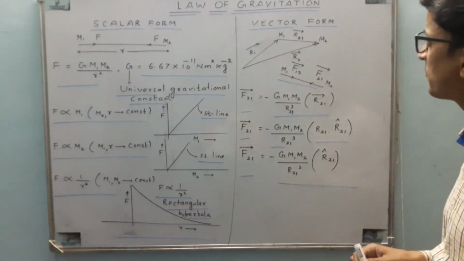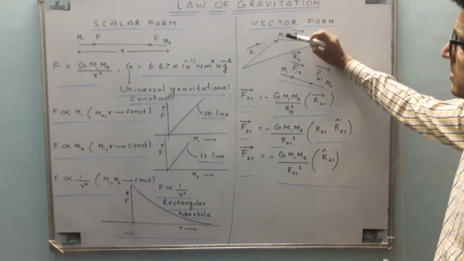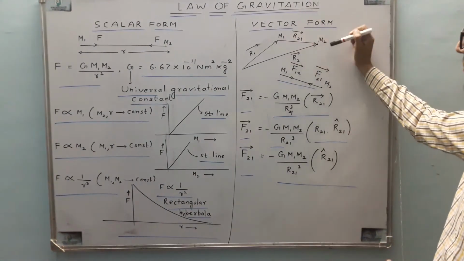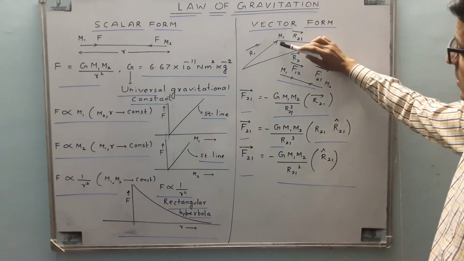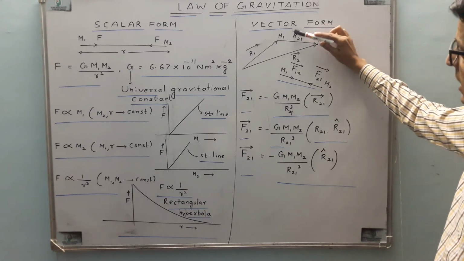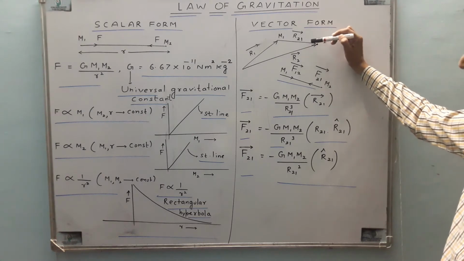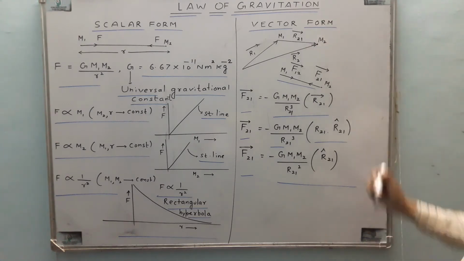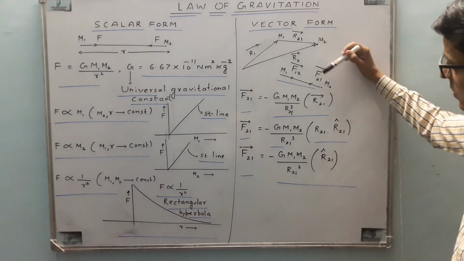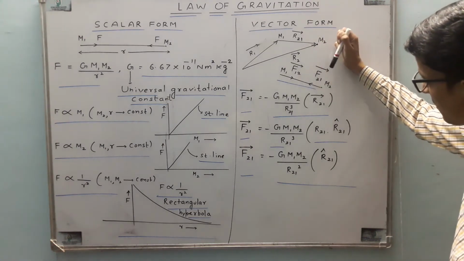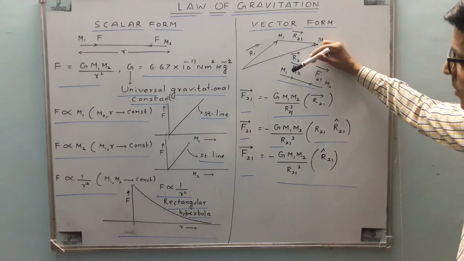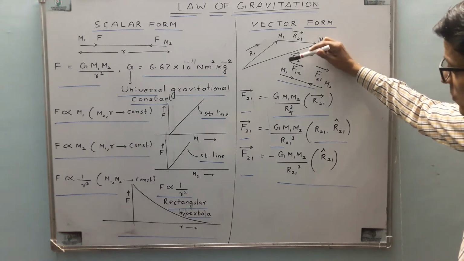Let's look for the vector form of this law. Suppose m1 has a position vector r1 and m2 has a position vector r2. So I draw a vector from m1 to m2 and name it as vector r21. On mass m2, m1 will apply a force towards it. I represent it by vector F21, and on m1, m2 will apply a force towards it.